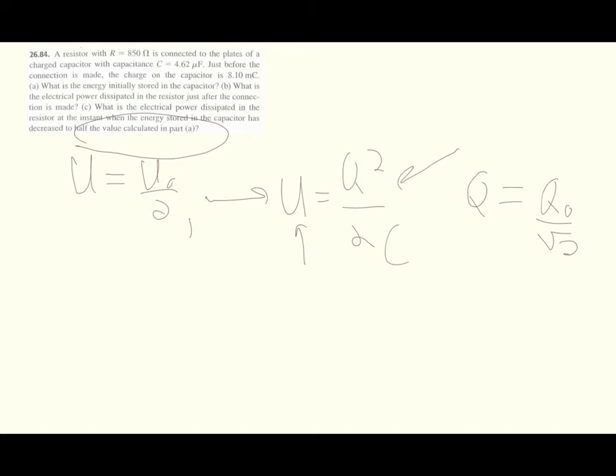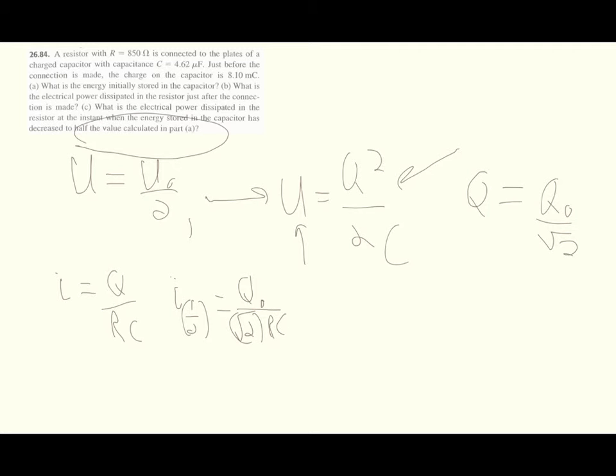Remember we said earlier that the current was Q over RC. So that means that the new current at the half mark is going to be Q naught over √2 RC.